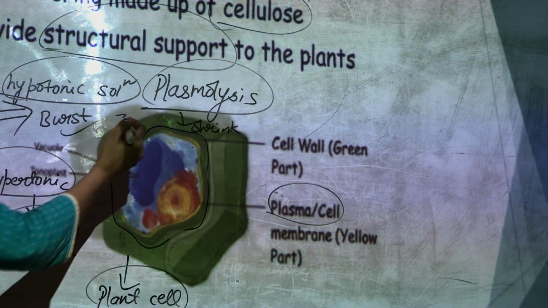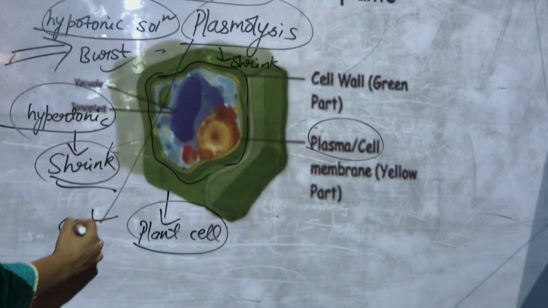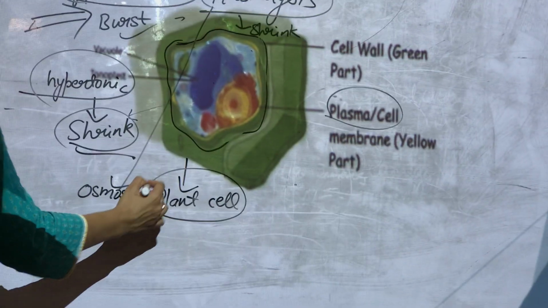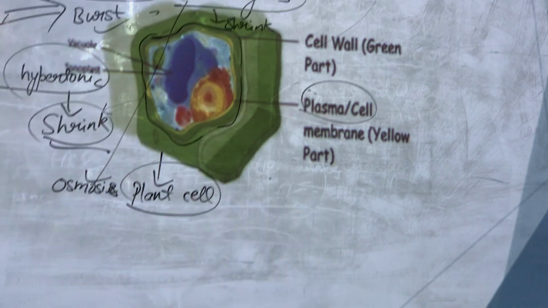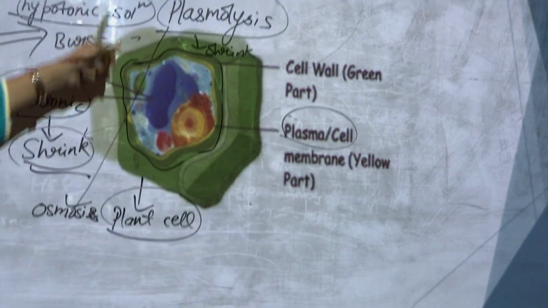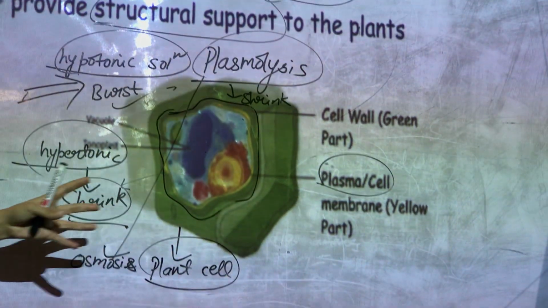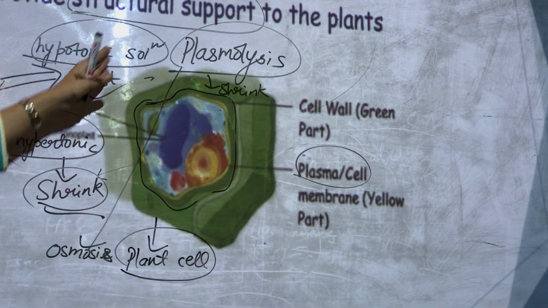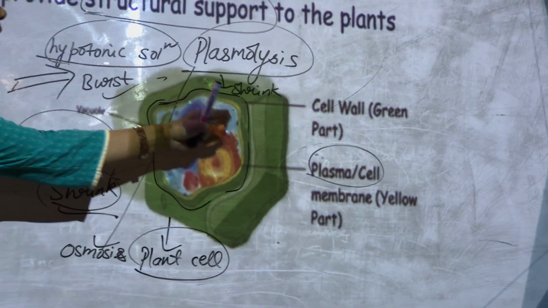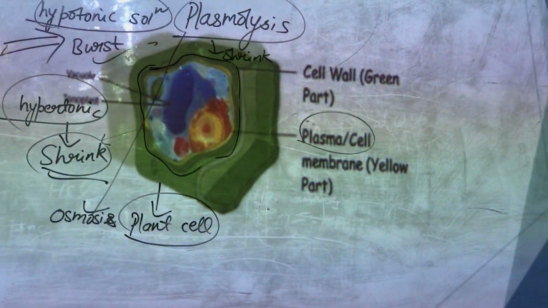In the case of osmosis, we have already covered what osmosis is and what the various osmotic solutions are: hypotonic, hypertonic, isotonic. So plasmolysis is a condition in which the cell loses a lot of water and shrinks. But this cell wall protects the cell in the case of plasmolysis.